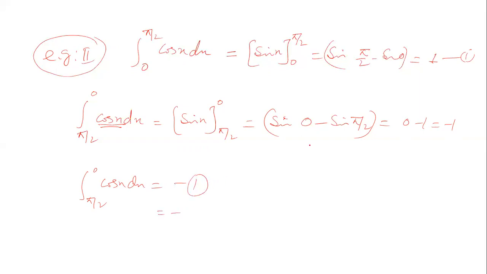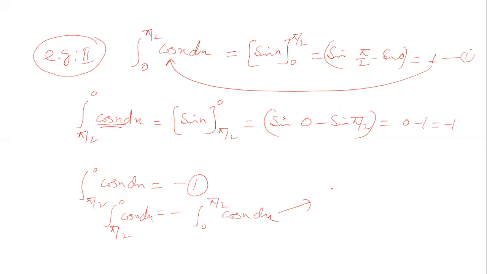Substitute the value of 1 from equation number 1. What is 1? This, that is the integral from 0 to pi by 2 of cos x dx. Or you can also write it like this, by multiplying both sides by the minus sign: the integral from 0 to pi by 2 of cos x dx is minus of the integral from pi by 2 to 0 of cos x dx.